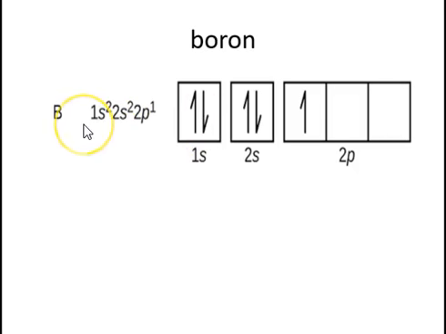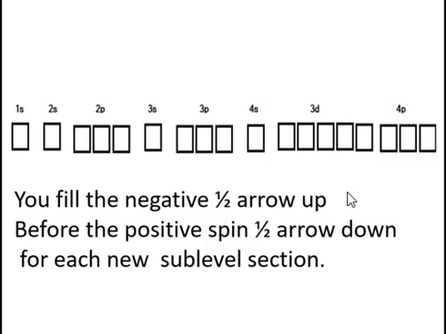Boron's electron configuration is 1s2, 2s2, 2p1. Its orbital notation, or box notation, is the 1s has 2, the 2s has 2, and the 2p has 1. It is simply an illustration of the electron configuration that you already know.